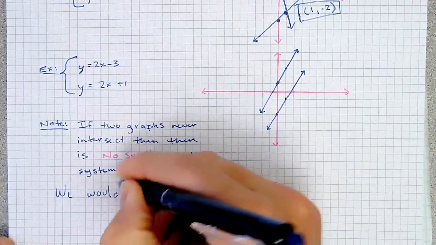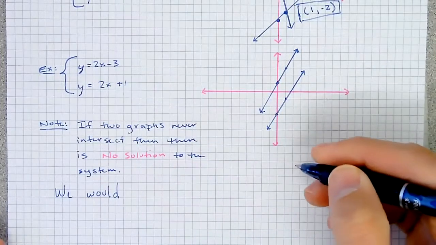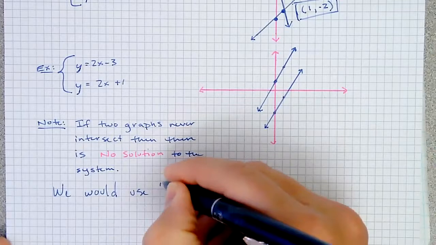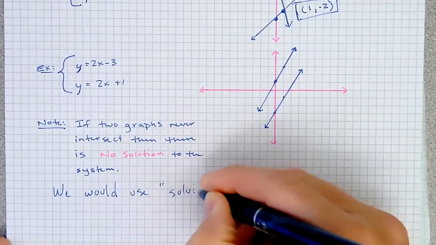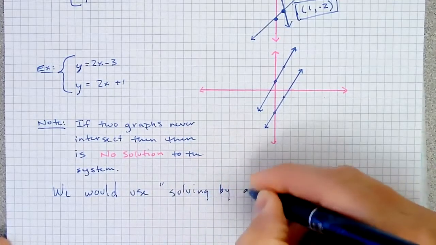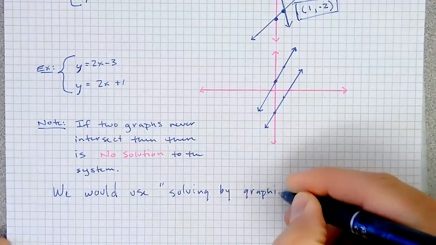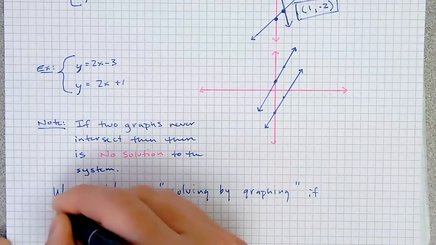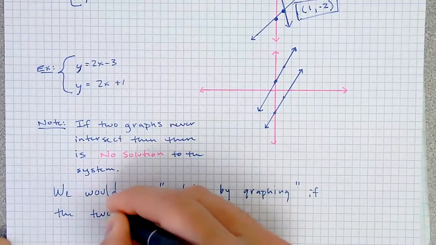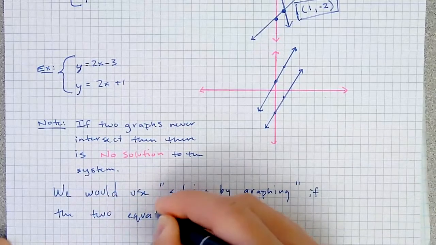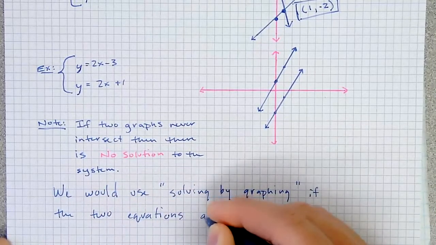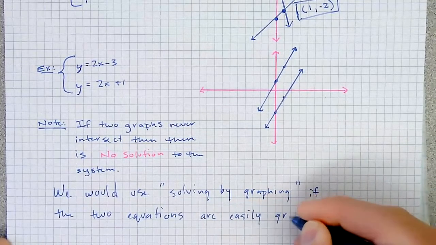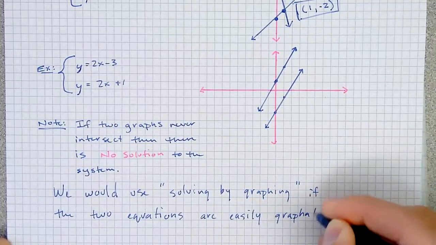So, like I said, there are multiple methods to solve systems. We would want to use solving by graphing if the two equations are easily graphable, what a word?